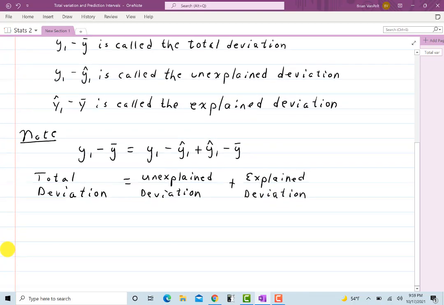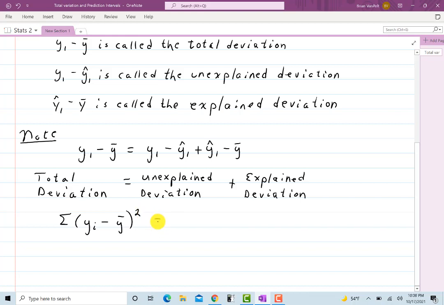Now, let's move on to variation. Now, if I look at the sum, I'm going to square these to keep them all positive. I'm not going to do y1 minus y bar. I'm going to do the sum of y sub i minus y bar squared. This is called the total variation. I'll underline that.